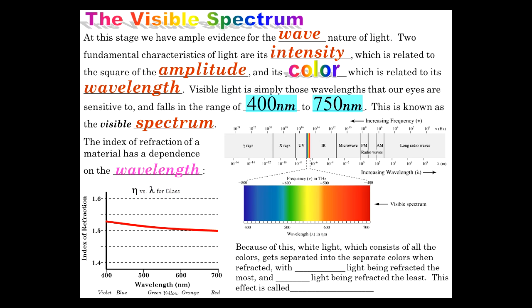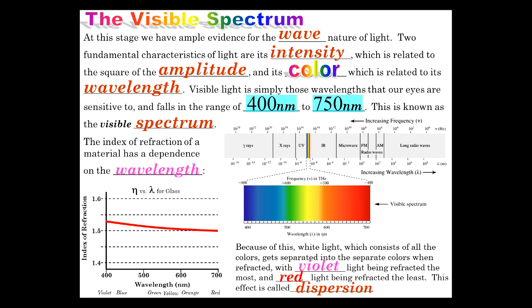It's because of this that white light, which has all the colors, gets separated into all the colors that make it up, because of these differing amounts of refraction. So violet is refracted the most, red is refracted the least, and that effect is called dispersion, which you've heard before.